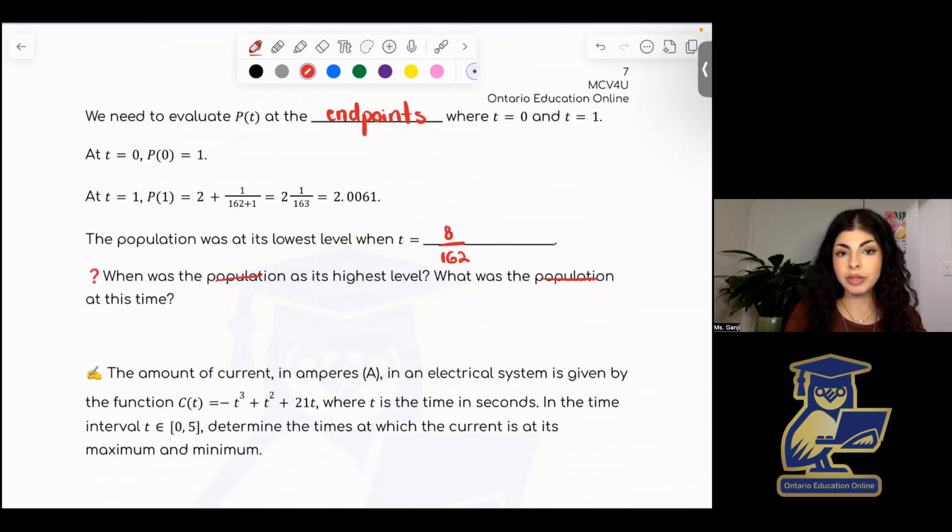One interpretation of this could be that although they are cleaning up, there's another big pollutant that enters the area, and so the pollution after 1 year is actually greater than when they started. So that would be our highest level of pollution, and it occurs after 1 year.